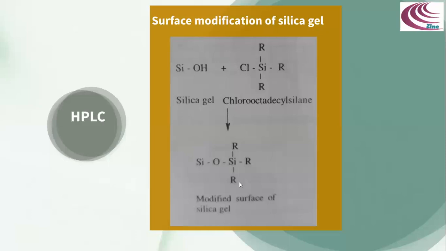Thus, the surface of silica gel can be modified to provide the required polarity to the stationary phase.